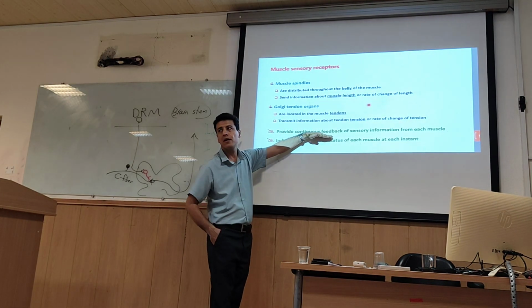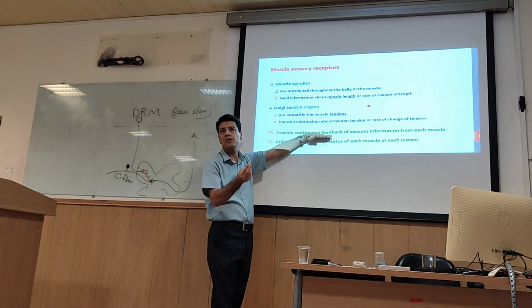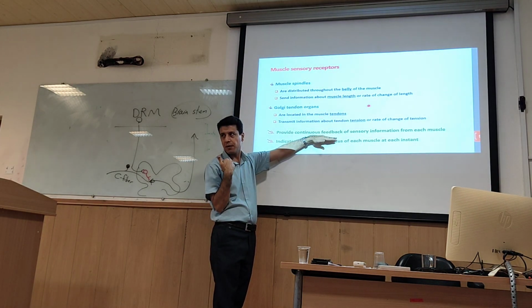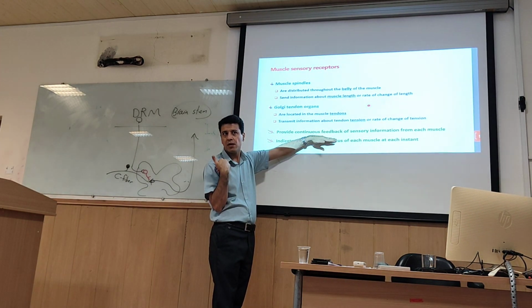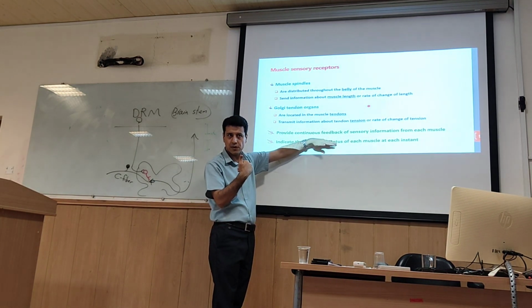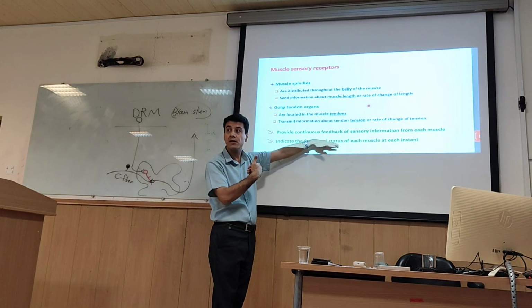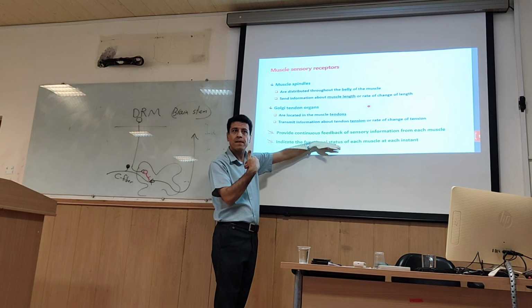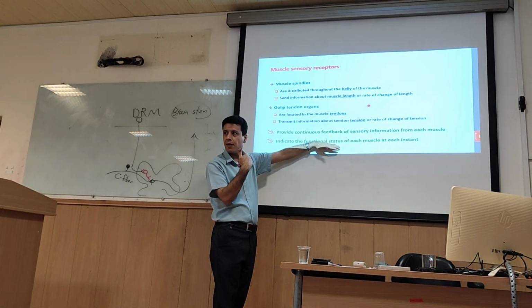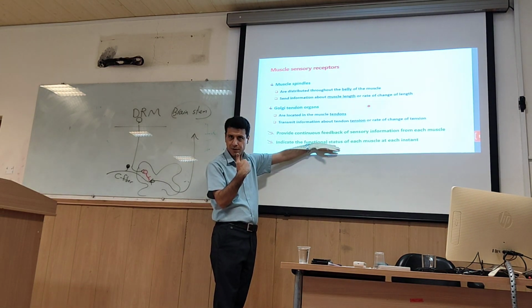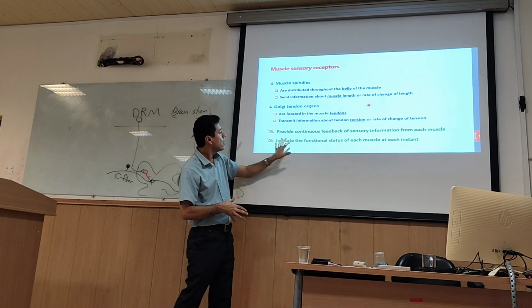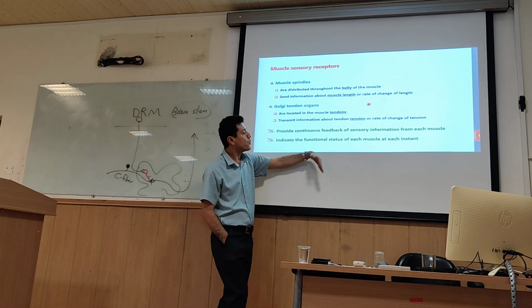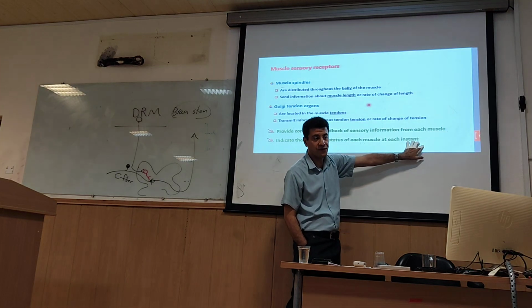So signals from here go to the brain, to the cerebellum. Remember from yesterday's session? Spinocerebellar tract. Right? I told you that the dorsal spinocerebellar tract originates from muscle spindles, Golgi tendon organs, joint receptors, right? Proprioceptive signals. But they also provide signals for reflexes.